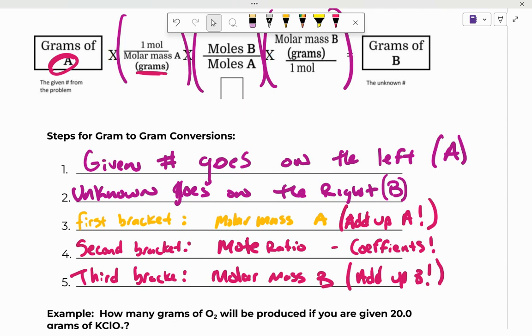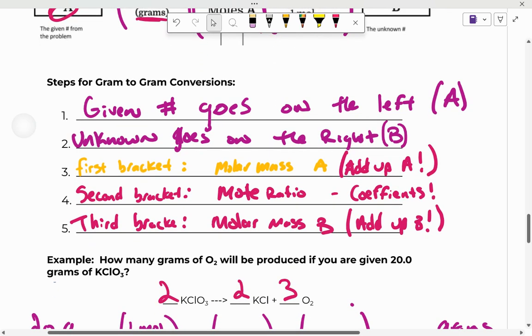Good? Add up B. Okay, you got the steps?